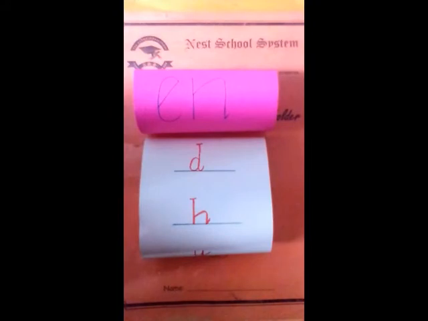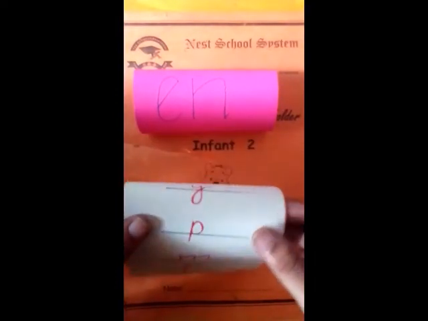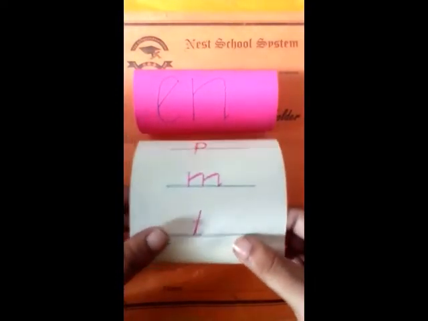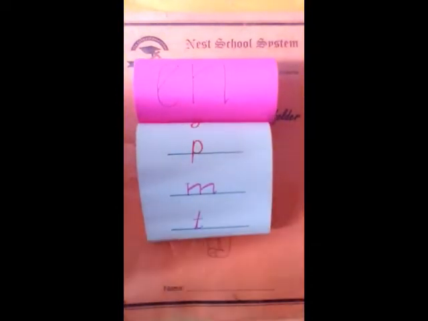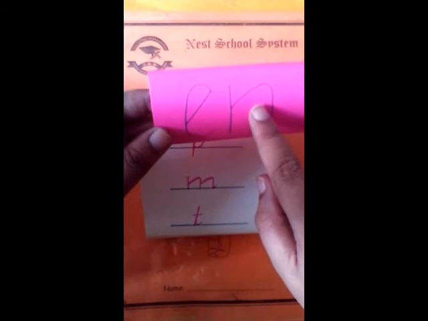What you can see, I took two strips of paper and joined them to make a roll. On the first strip, which is skin in color, I have written some alphabets, which are D, H, Y, P, M, T. And on the other strip of paper, which is pink in color, I have written "an".